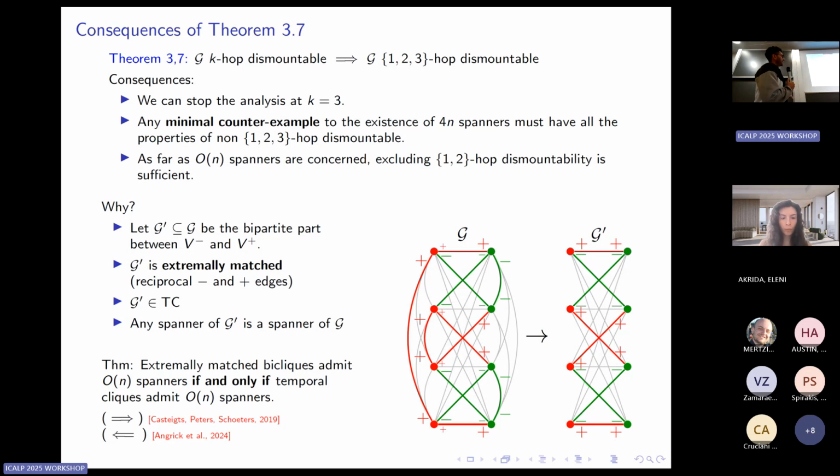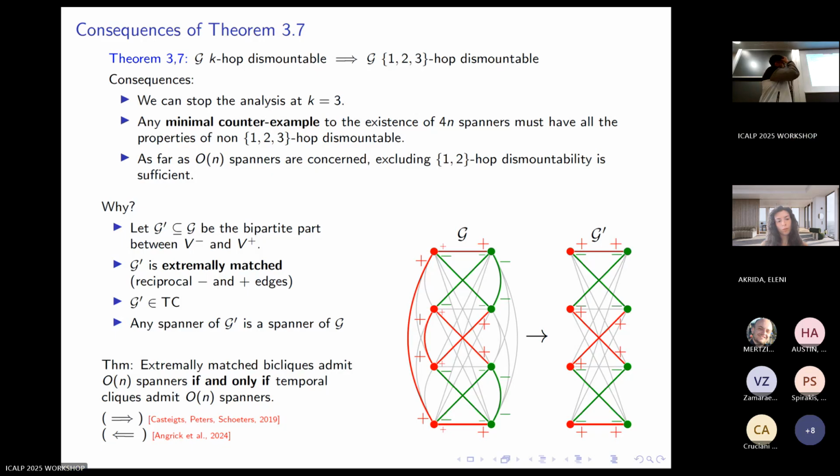If a left vertex wants to reach a left vertex, then it can go on the right using its minimum edge, and then by picking all the other stars, it will reach every other vertex. And obviously, if you can find a spanner in this subgraph, then it will also be a spanner for the entire clique.